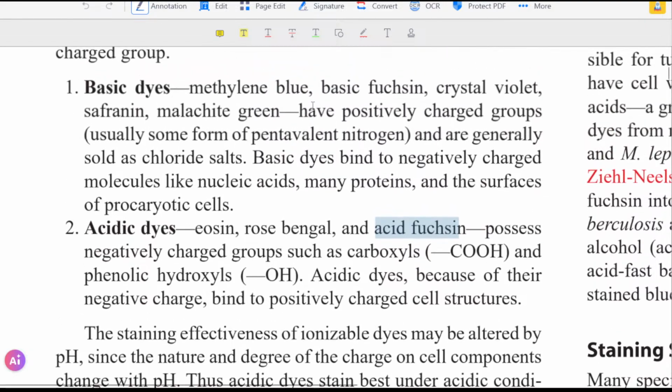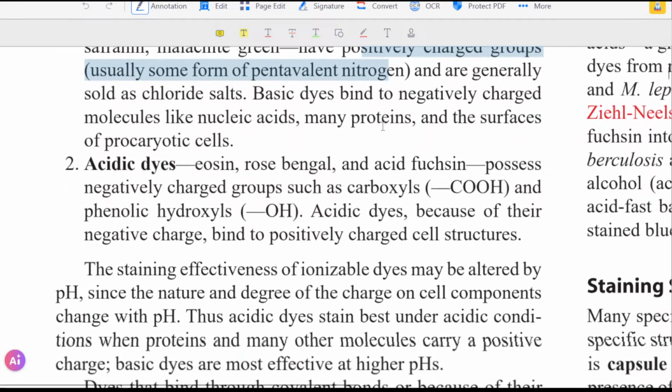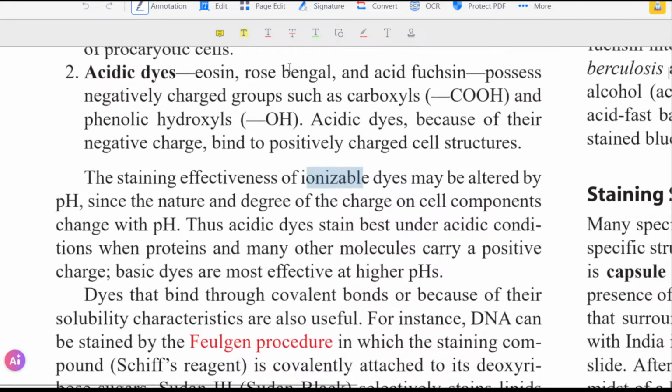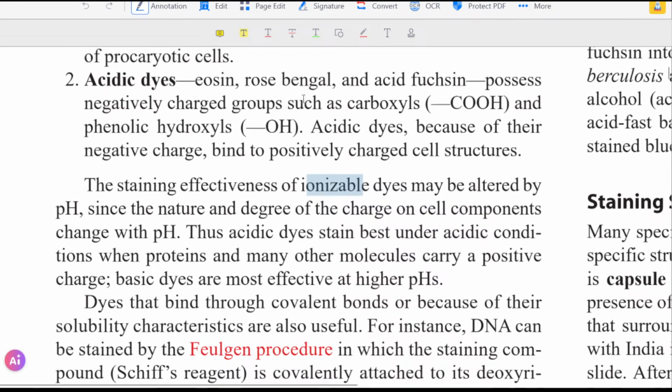We said that there were positively charged groups, and usually some forms had pentavalent nitrogen, while in this case some have carboxyls and phenolic hydroxyls, right? Hydroxyls. So it looks like the OH group is more prominent in the acidic dyes. Acidic dyes, because of their negative charges, bind to the positively charged cell structures. We get it. We are not going to search eosin, rose bengal, and acid fuchsin.